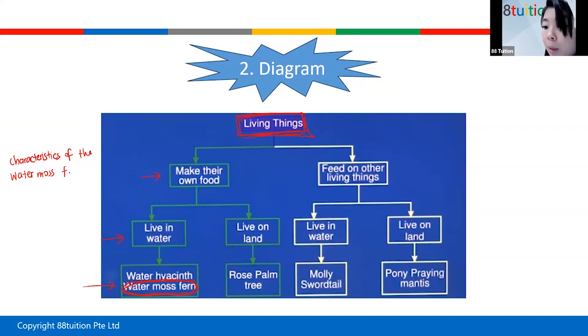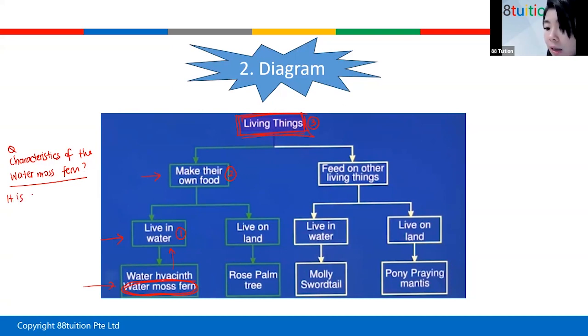This can be an exam question. So you move up the diagram. First, I see the water moss fern lives in the water. The second thing, it makes its own food. And of course, it is a living thing. So I can actually name 3 characteristics.